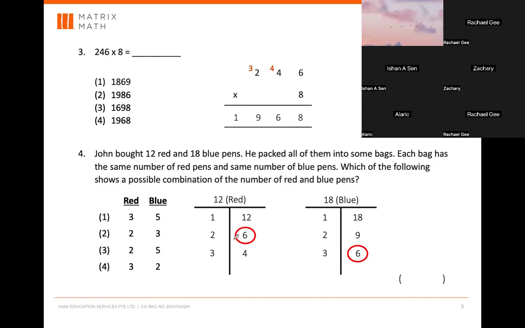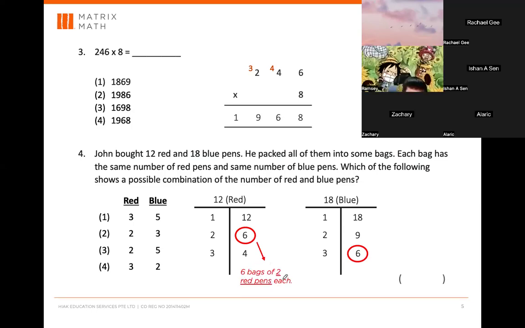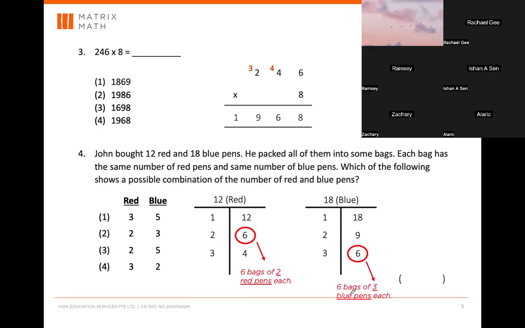Okay, same number, which is a possible combination. So you get 6. So 6 bags of 2 pens each. Okay, and 6 bags of 3 pens each. Okay, so that means you see 12 and 18, they must divide to give you the same number of bags, right? So in each bag, you will have 2 red pens, and in each bag, you will also have 3 blue pens. Okay, so here you go. This will be number 2. Okay.